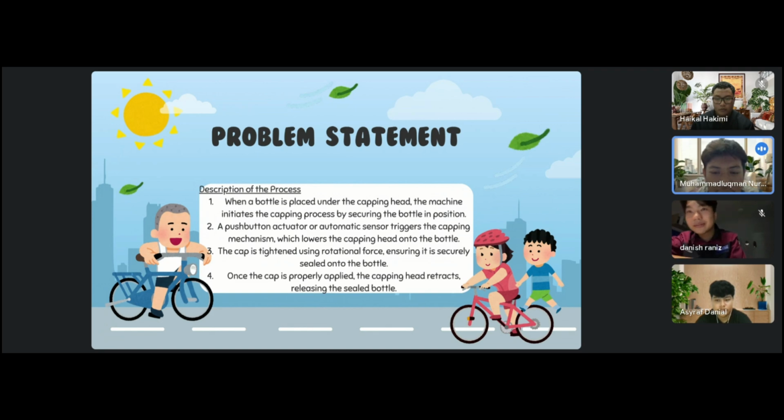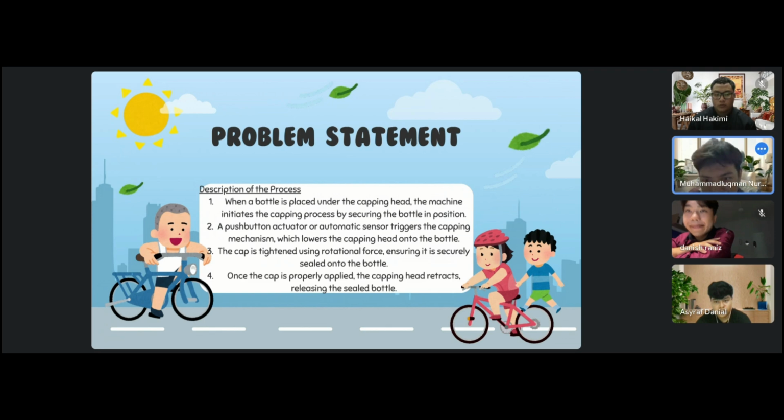If you apply too little force, the cap may not seal correctly, leading to potential leaks or contamination. If you apply too much force, the cap or bottle may become damaged, compromising the integrity of the product. By carefully controlling the rotational force, the machine ensures the cap is both secure and undamaged, meeting quality and safety standards.